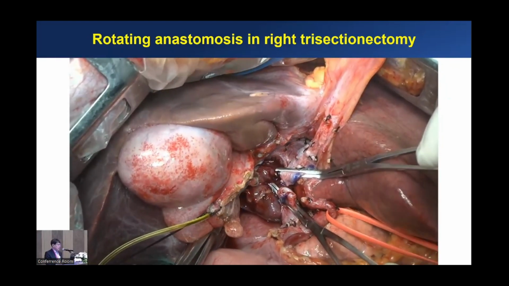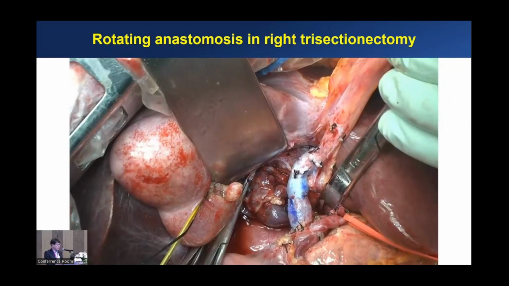And anastomosis. This is the point. I draw a line on the ventral side, but this liver side is rotated a little bit, about 10 degrees clockwise.